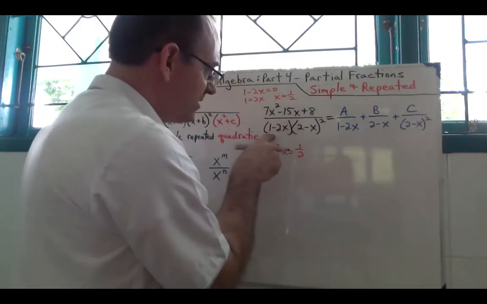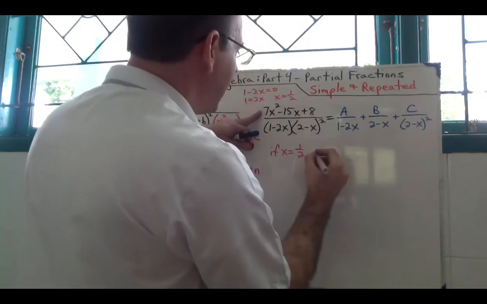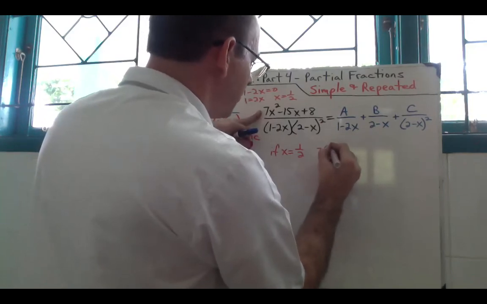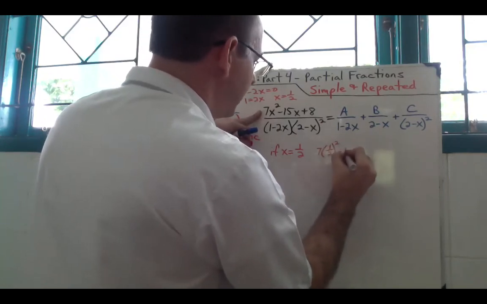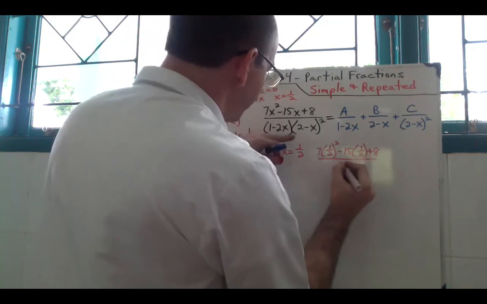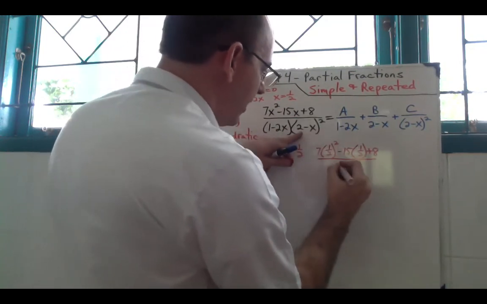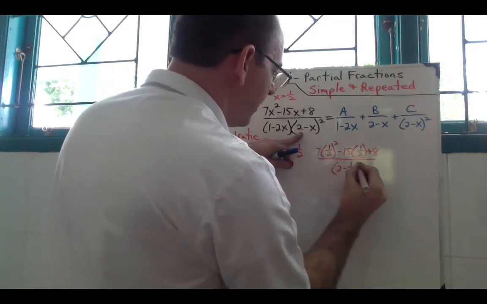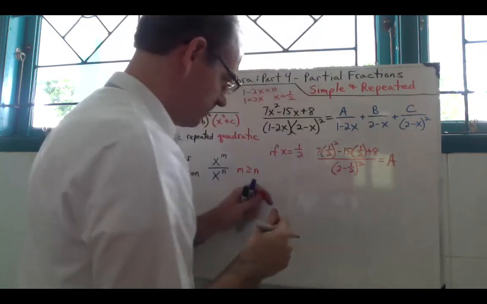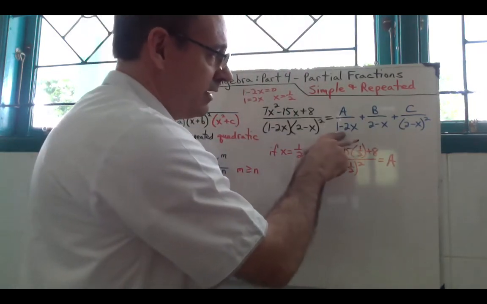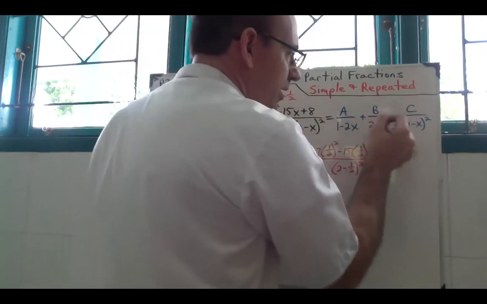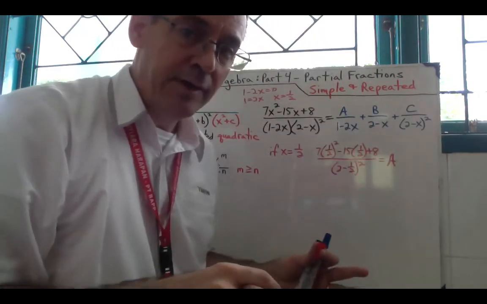So what we're going to get is 7 times 1/2 squared minus 15 times 1/2 plus 8, all over, remember this one is gone, so we have a 2 minus 1/2 squared, and this will equal our A, because this canceled out, and because it's up here, and this is the value that causes it to be 0, the B and the C both cancel out.